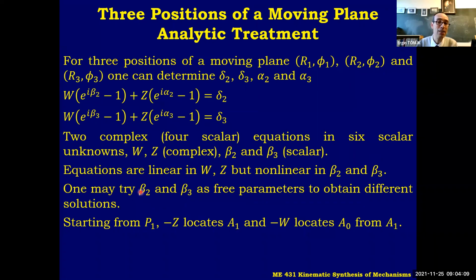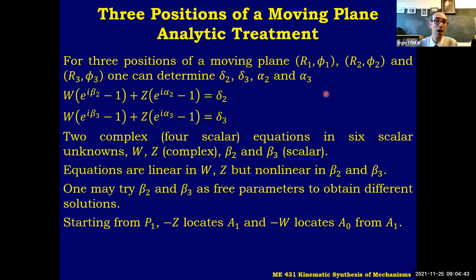When you try another beta 2, beta 3, the negative Z is going to show you B1, and from that point, negative W shows you B0. So you can obtain, by changing beta 2 and beta 3, different 4-bars, and then try them if they're running, if all 3 positions are in the same branch, etc. There is no shortcut for those.